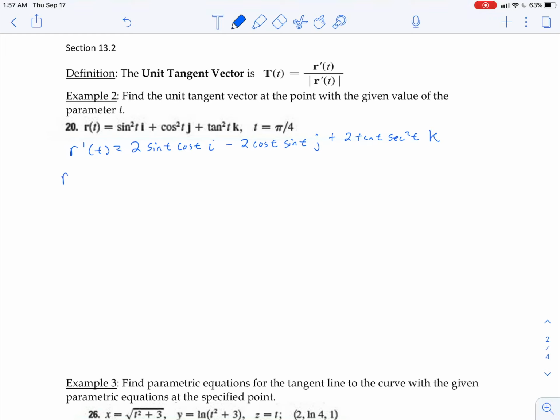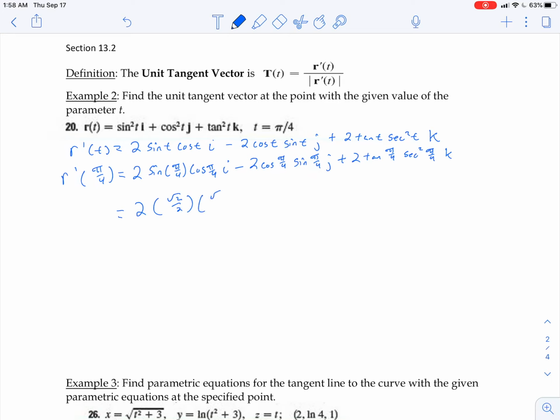Okay, now we've found our tangent vector, and we want to find it when t is equal to pi over 4. So we have 2 sine of pi over 4 cosine pi over 4 i minus 2 times cosine pi over 4 sine pi over 4 j plus 2 tangent pi over 4 secant squared pi over 4.